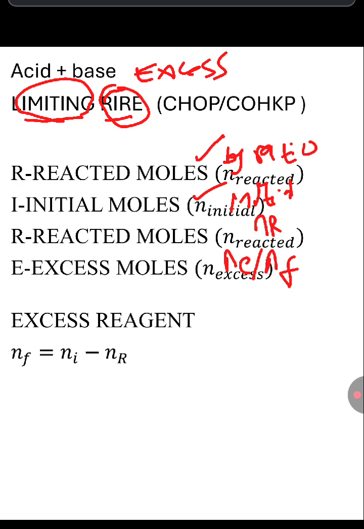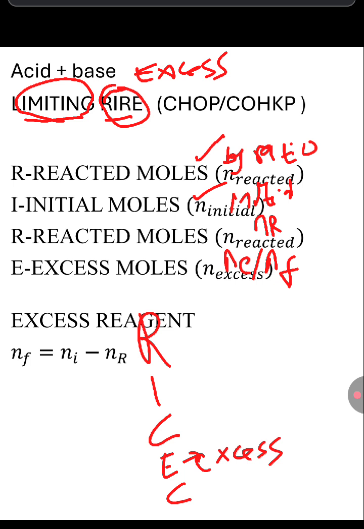When you're doing Kc, it's more like your RICE table, but where the E now represents the excess in pH. When you're calculating pH, it represents excess reactant. Then this is change, and change in number of moles actually represents the number of moles reacted. Yeah, it's the same thing.